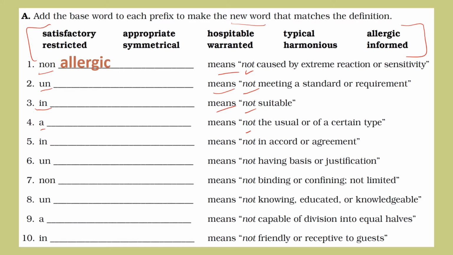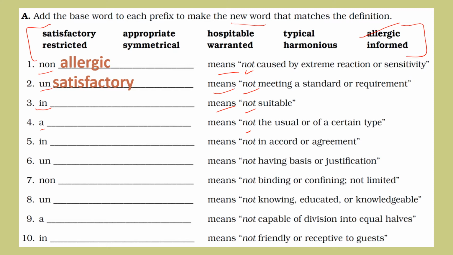Number two, let me cross this out, means not meeting a standard or requirement. Meeting a standard or requirement means it is satisfactory. And the opposite, we would say unsatisfactory, not meeting a standard or requirement.